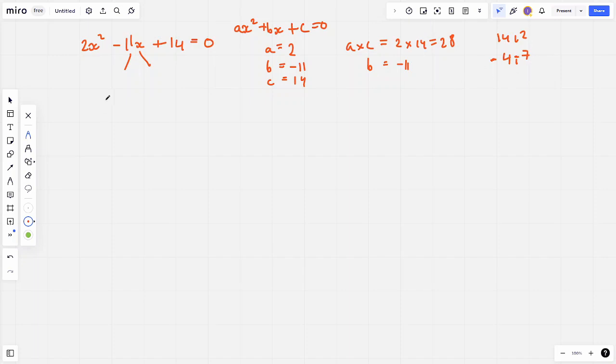So we know our two numbers are minus 4x and minus 7x. So we can confirm, minus 4x minus 7x does equal minus 11x. We just fill in the remaining parts. So we've got a positive 2x squared and a positive 14.